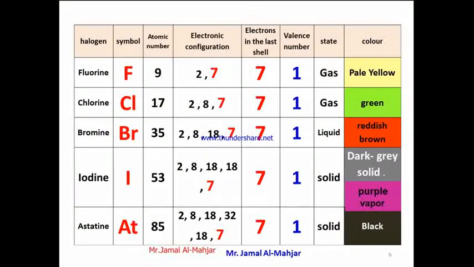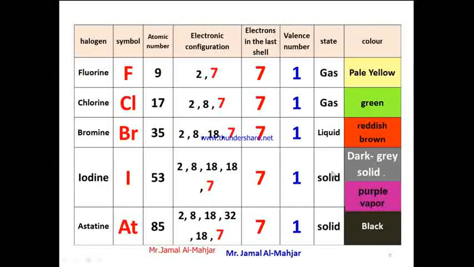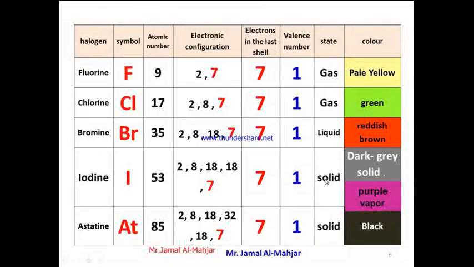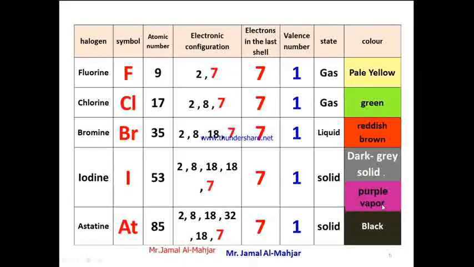For the iodine, we have two states, by the way. The normal one is solid. We find the iodine as a solid. In the solid state, the color of the iodine is dark gray, but when it changes to the gas state, the color is purple vapor.